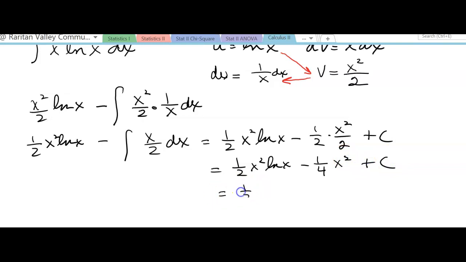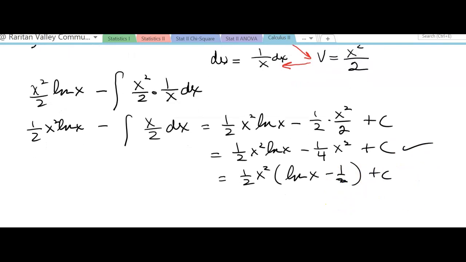Sometimes in the book you might see this. They might actually factor that out and give ln x minus 1/2 or something, you know, whatever. This is perfectly fine.